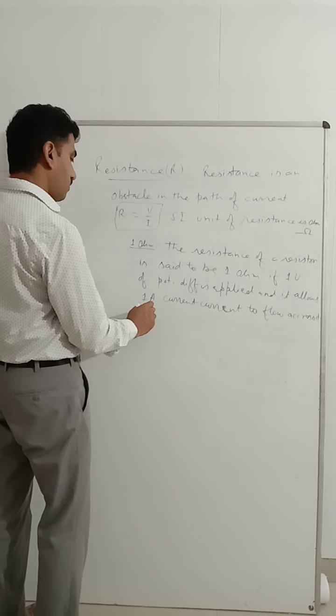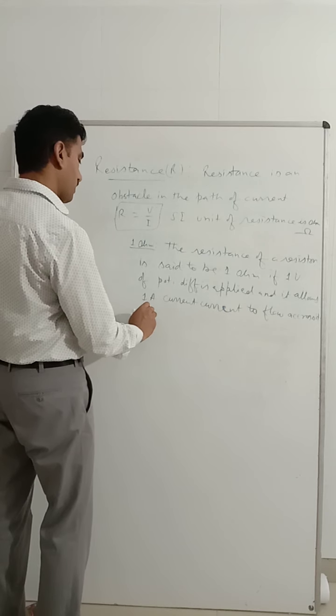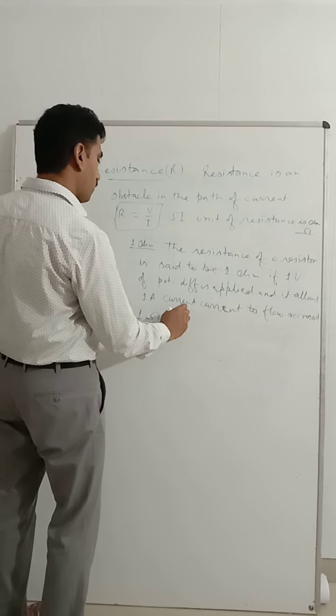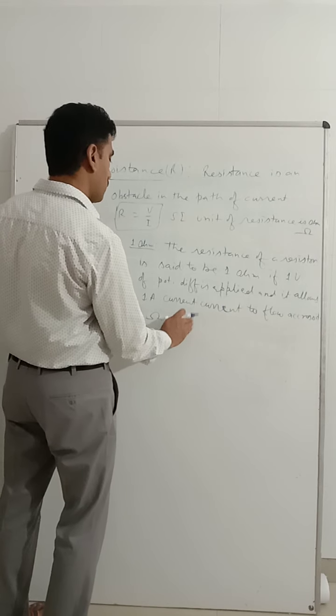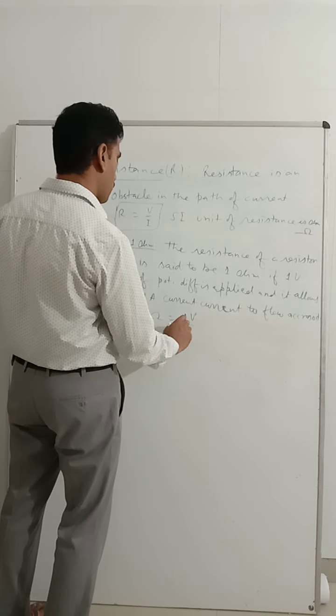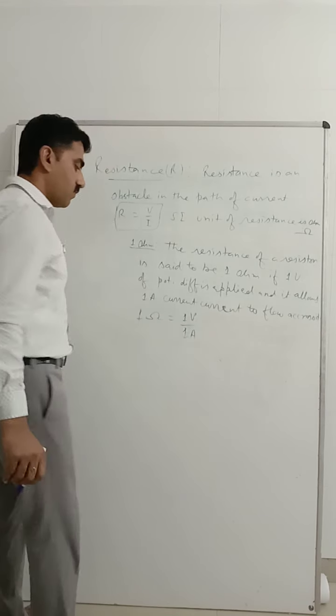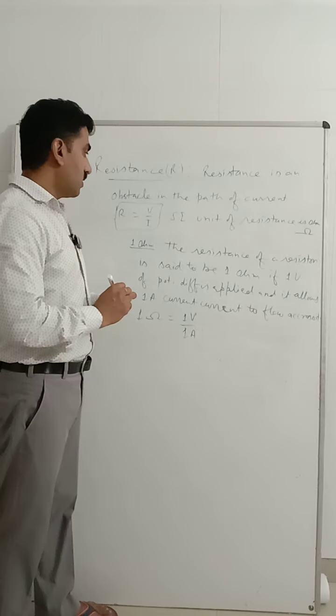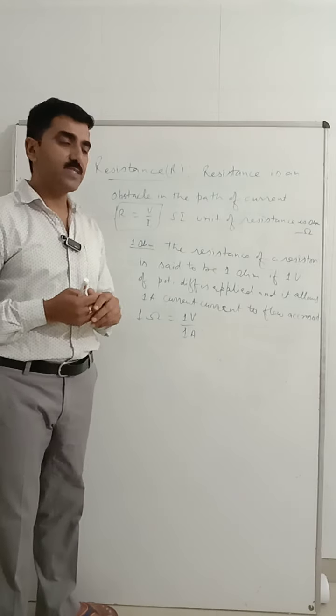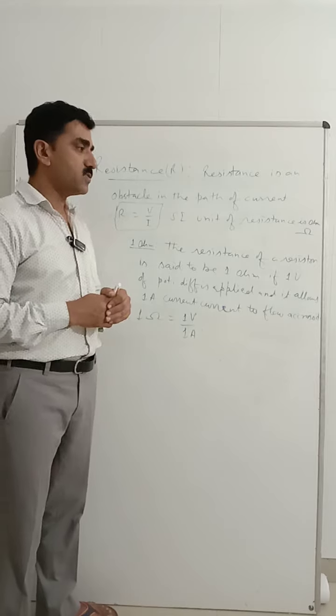So 1 ohm is equal to 1 volt upon 1 ampere.